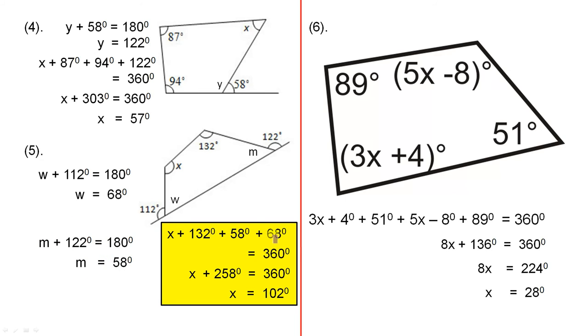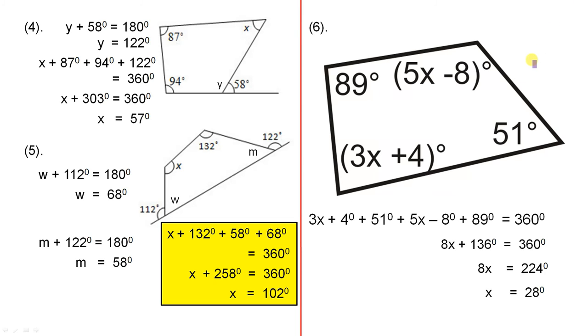Then we can form the special equation to find x, which is x plus 132 plus m, that was 58, plus w, that was 68. That gives us that equation. When we simplify the like terms, we get that equation. When we subtract 258 from both sides, x is 102 degrees.